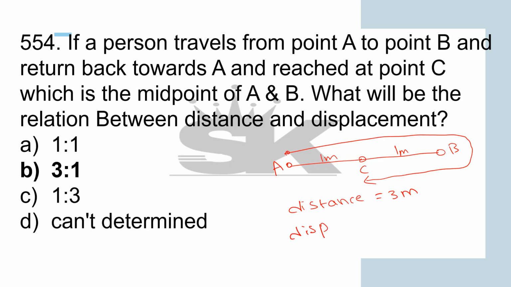Displacement is the shortest distance from starting to end. That is A to C, this one, right? This is displacement. That is 1 meter. So here the answer is 3 is to 1. Distance is a scalar quantity. Displacement is a vector quantity. Keep that in mind.